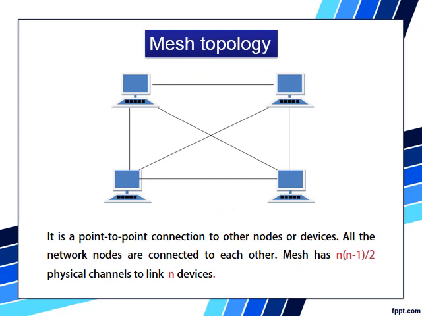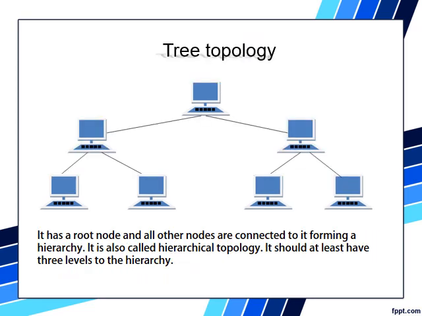It is a point-to-point connection to other nodes or devices. All the network nodes are connected to each other. Tree topology. Tree topology has a root node and all other nodes are connected to it, forming a hierarchy. It is also called hierarchical topology. It should have at least 3 levels in the hierarchy.